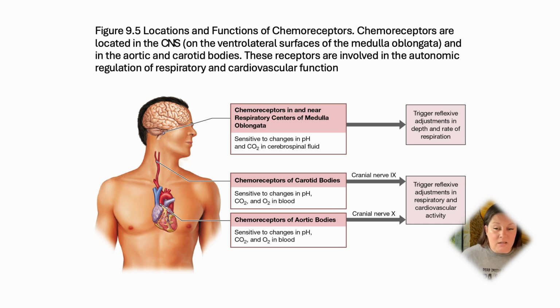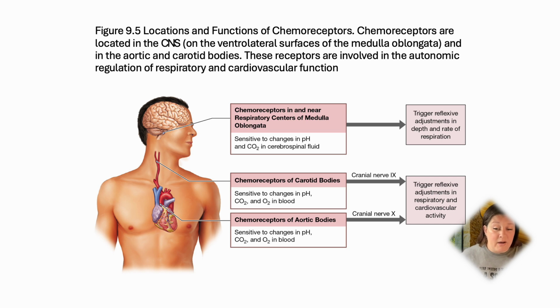So, again, in the medulla oblongata, when we are looking at the cerebral spinal fluid, the respiratory center is paying attention to pH, which is our hydrogen concentration, and our carbon dioxide only. When we get to the chemoreceptors of the carotid bodies and the aortic bodies, we're paying attention to pH, carbon dioxide, and oxygen.